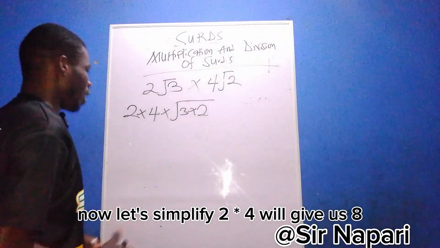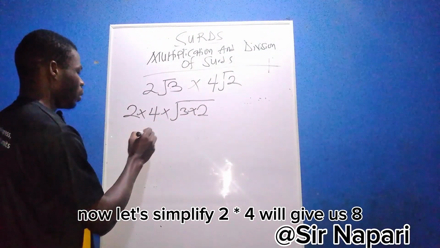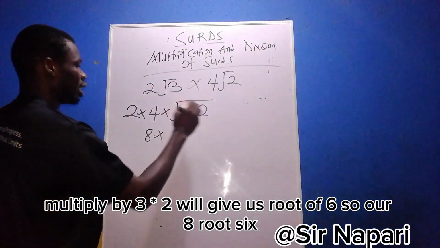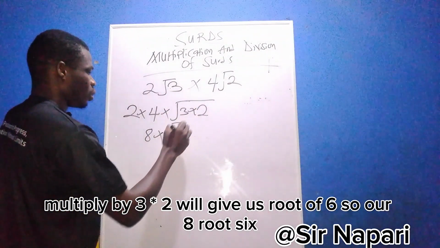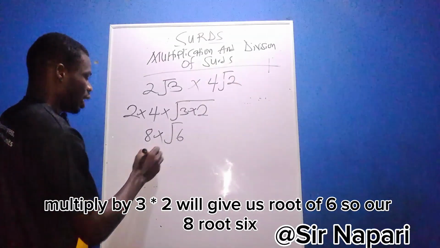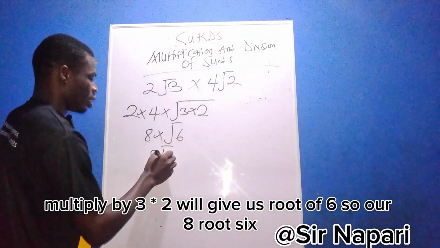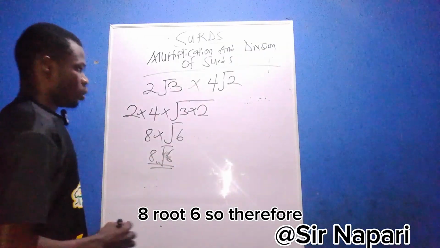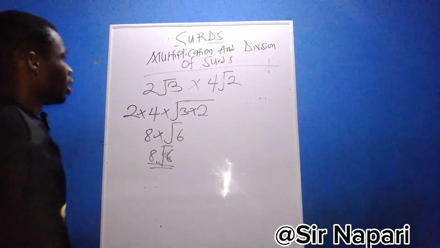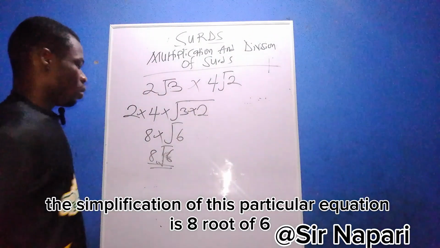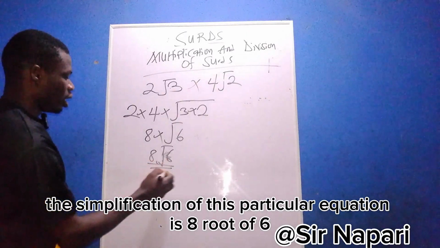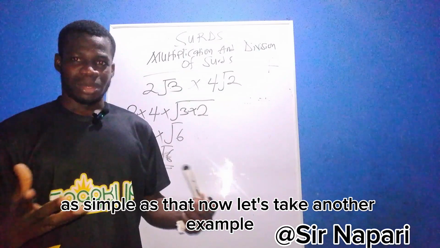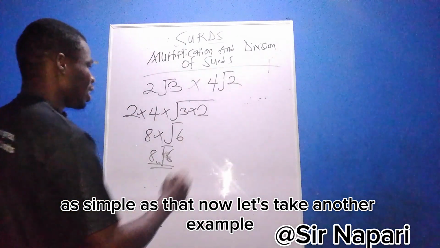Now let's simplify. 2 times 4 will give us 8, multiplied by 3 times 2 will give us root of 6. So our answer is 8 root 6. Therefore, the simplification of this particular expression is 8 root of 6. As simple as that. Now let's take another example.